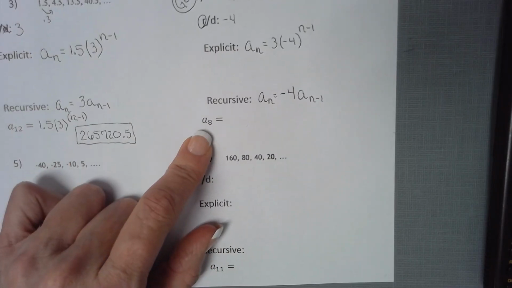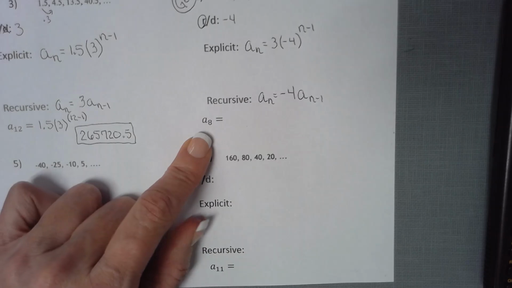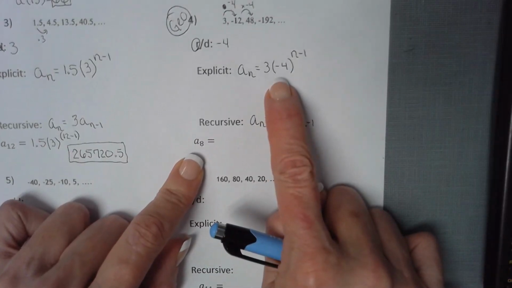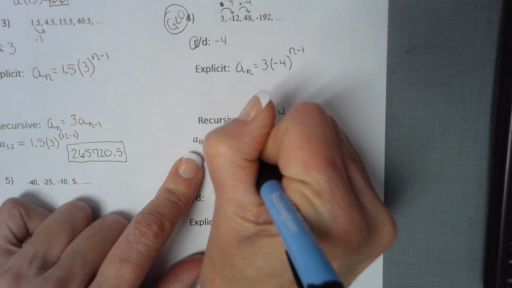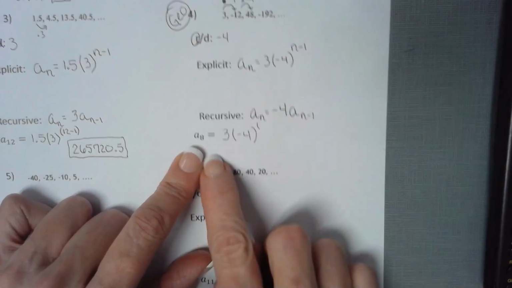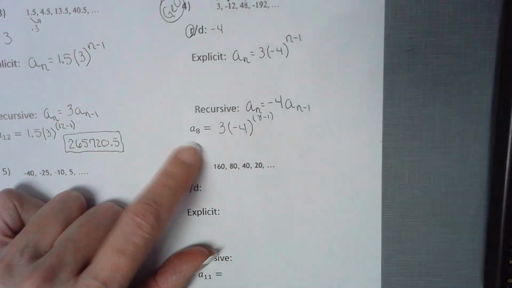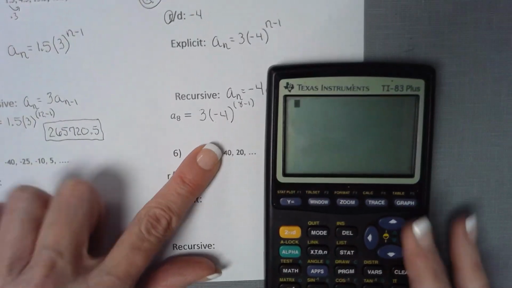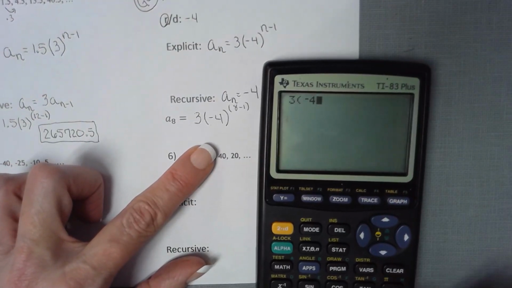This is asking me to find what? The value of the 8th term in the sequence. So I'm going to go back to my explicit and write it. And now, instead of an n, I'm going to plug an 8 in. 3 parentheses, -4.